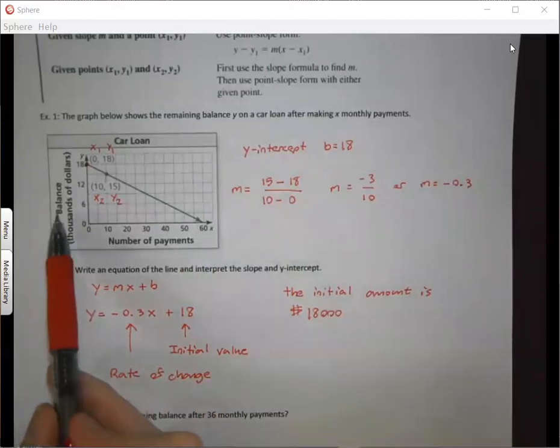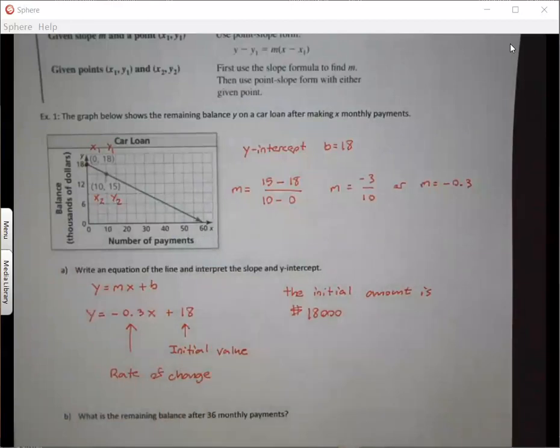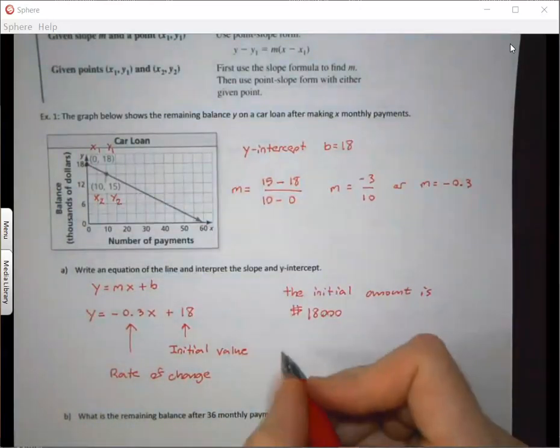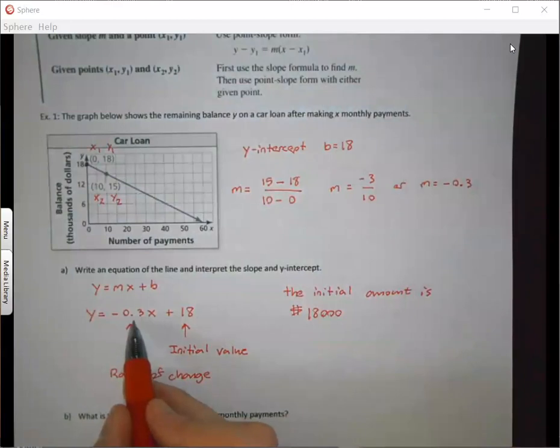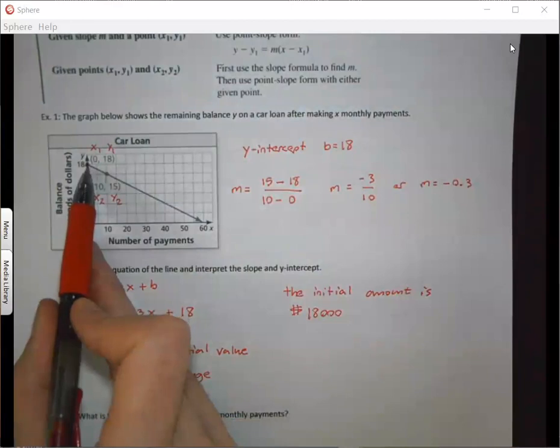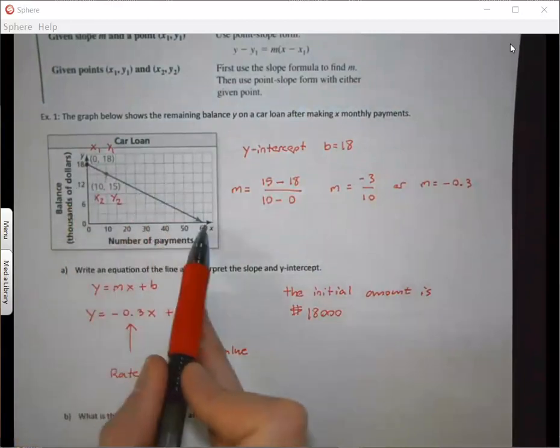So our balance is getting smaller, and it's getting smaller by 3/10 of 1,000. 3/10 times 1,000 is 300, so we're reducing by $300 in each step.